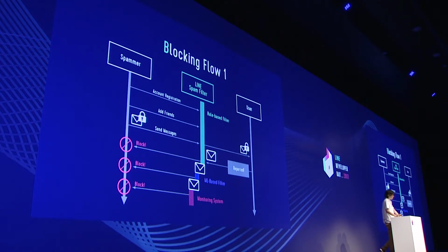At each stage, the filters are being applied. For example, for rule-based filters, if there's an addition of 1,000 friends in 1 second, this is not possible by human hands, so this will be blocked. This is the example that I just mentioned.